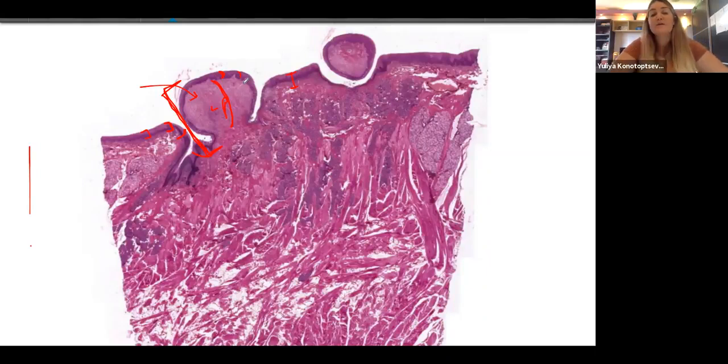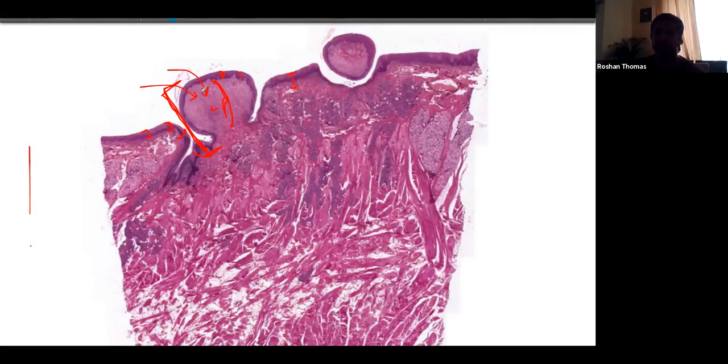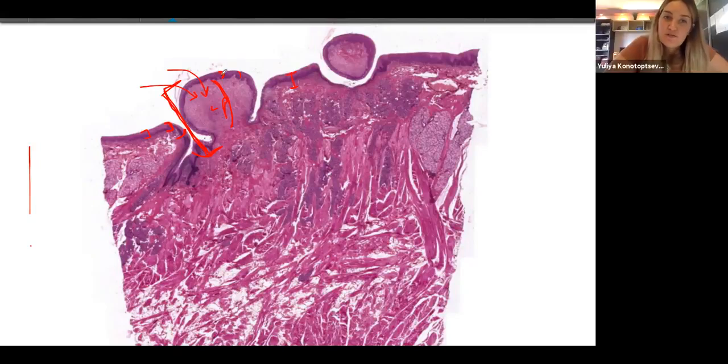They're always going to ask you this question: what is in the core of the circumvallate papilla? Lamina propria. What is on the surface of it? Epithelium.